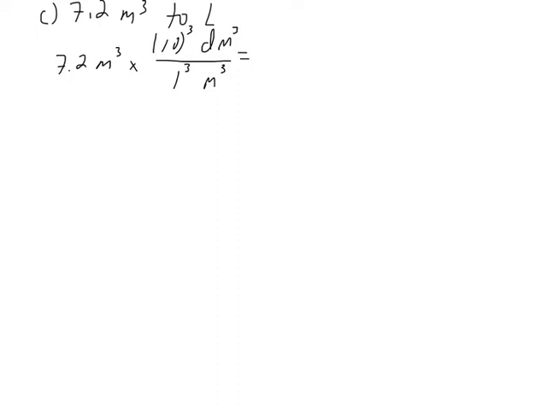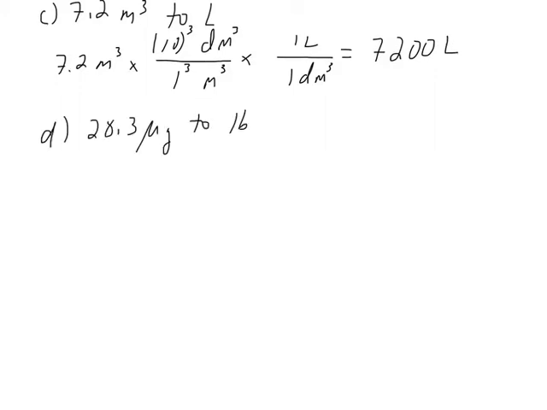Now, that would give me decimeters cubed, which is actually the same thing as liter, but just for consistency's sake, we'll go ahead and throw in 1 liter is 1 cubic decimeter. And when we do this, we get 7200 liters, not milliliters like I was trying to write. We want liters, so 7,200 liters.